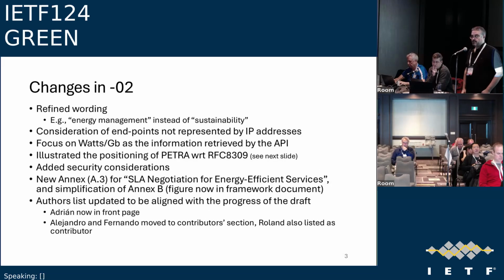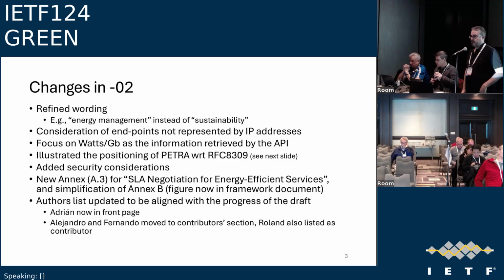So the changes that we introduced in this new version: we refined the wording, for instance removing what is related to sustainability and focusing on energy management. We are also considering endpoints not represented only by IP addresses. The initial approach was focusing on IP addresses, so IP origin, IP destination. But we understand that there will be other cases that are not related with IP addresses itself.